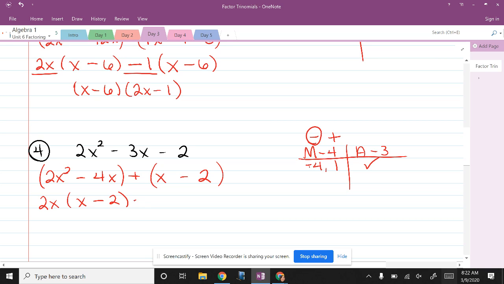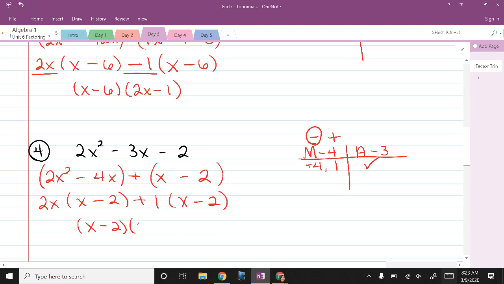Negative 2. Plus, what's my GCF in my next group? 1. If the GCF is just 1, you copy your binomial. And do we have the same binomial in both parentheses? Yes. So what are they? And 2x plus 1.